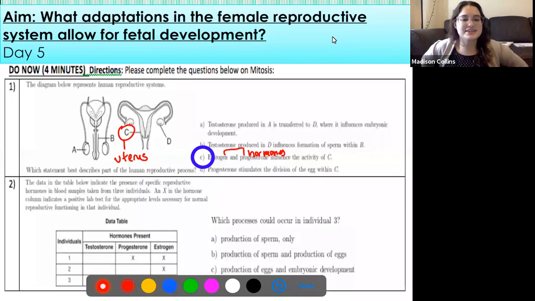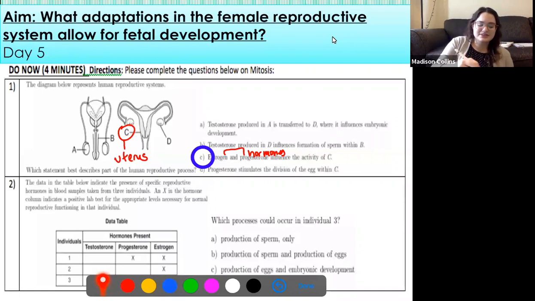Number 2, the data in the table below indicate the presence of specific reproductive hormones in blood samples taken from 3 individuals. An X in the hormone column indicates a positive lab test for the appropriate levels necessary for normal reproductive functioning in that individual. Which processes could occur in individual 3?